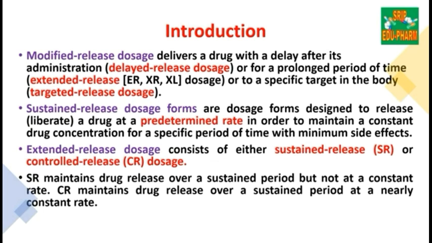Next we see the drugs unsuitable for this chrono release. They include those with short elimination half life, that means less than 1 hour, such as penicillin G and furosemide, and those with long elimination half life, that means greater than 12 hours, such as diazepam and phenytoin.